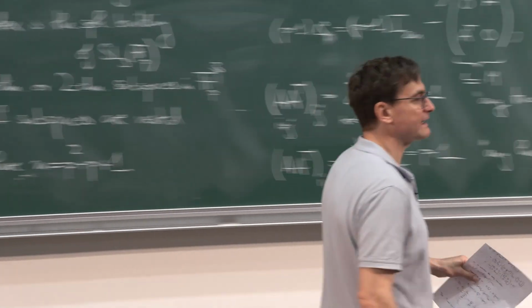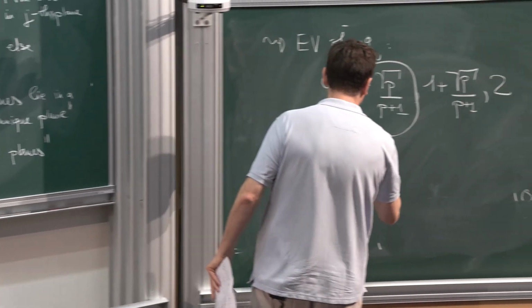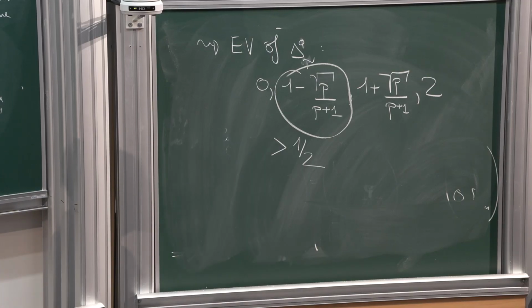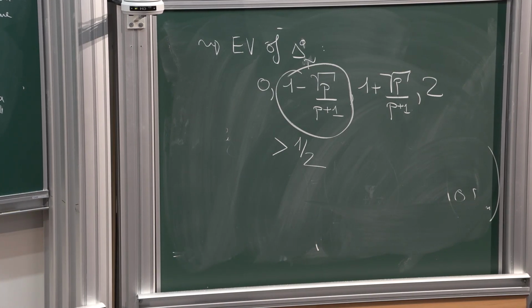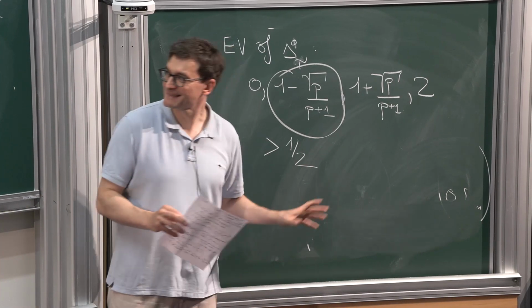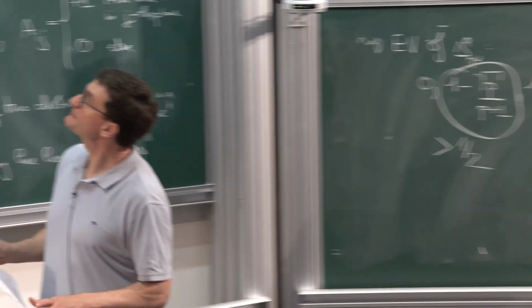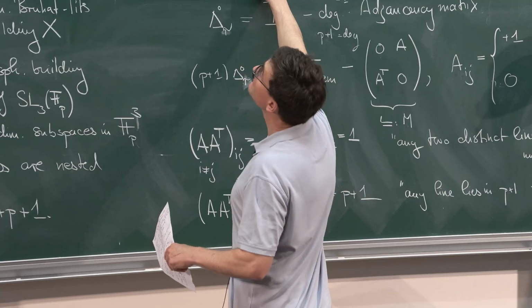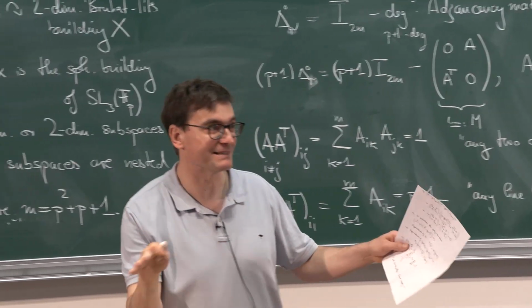And this is the case for every p, even for p equals 2. It gets better if p gets bigger. And by the way, that's when I wrote Garland's theorem, I said Kazhdan as another name.